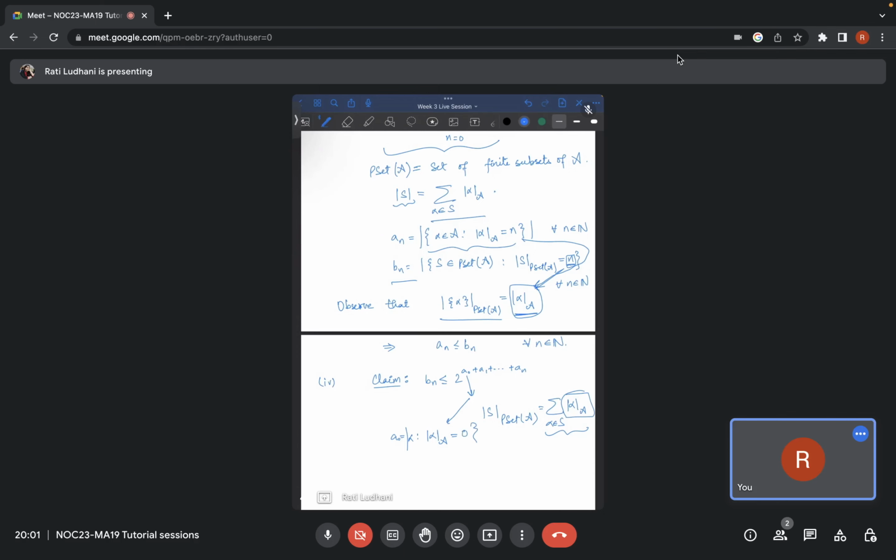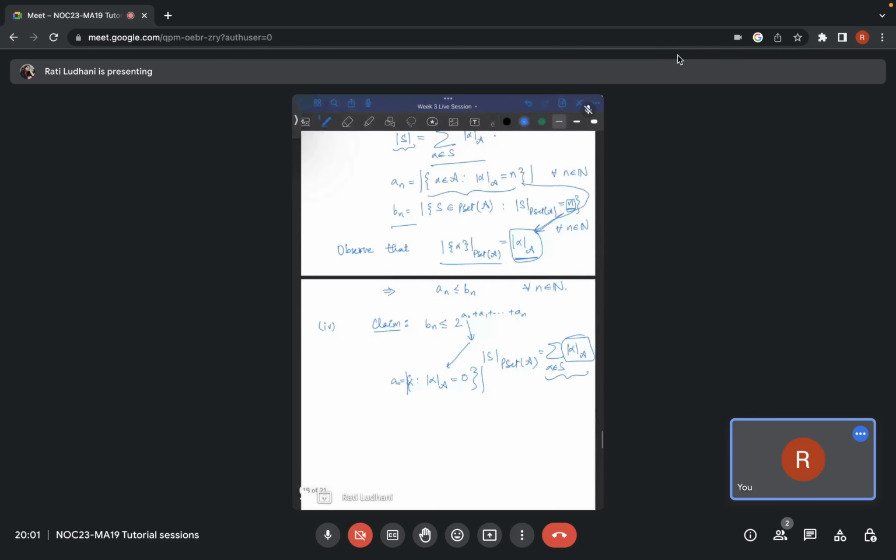And similarly for A1, for A2. Now what is happening here? So okay, let's take an example, you'll understand that. So consider B1. So you have 2 raised to power A0 plus A1.